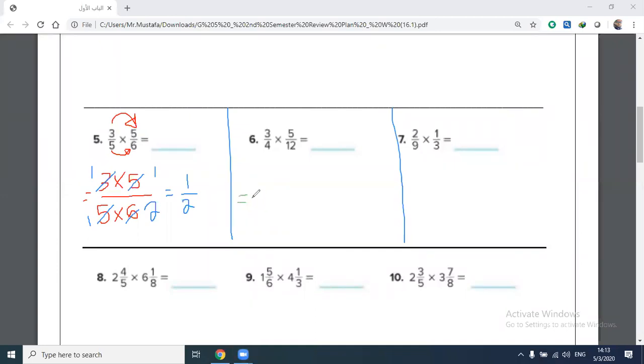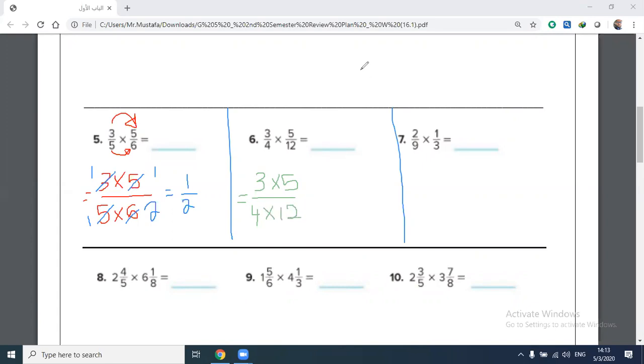Okay, teacher. Write 3 over 12 up... 5 up, and 4 times 4 down. Okay, good.